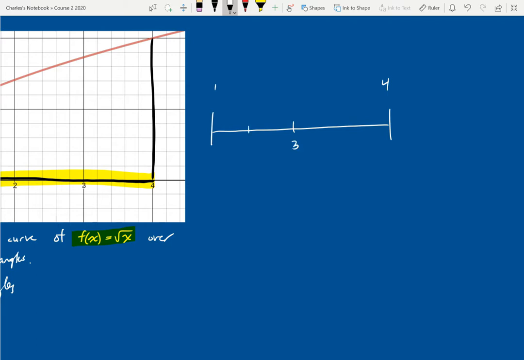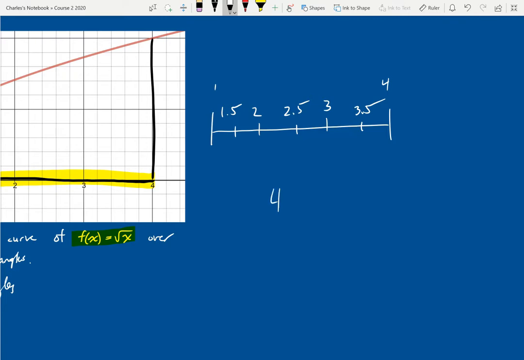Let's see, if I did 1, 2, 3, that gives me 3 rectangles. I was wrong before. Okay, 6 rectangles is going to give me 1, 1.5, 2, 2.5, 3, 3.5, and 4. Okay, that's nice because everything stops at halfway.